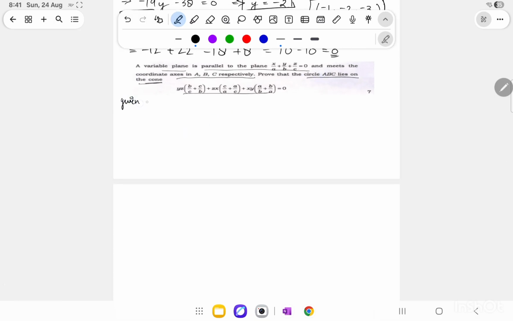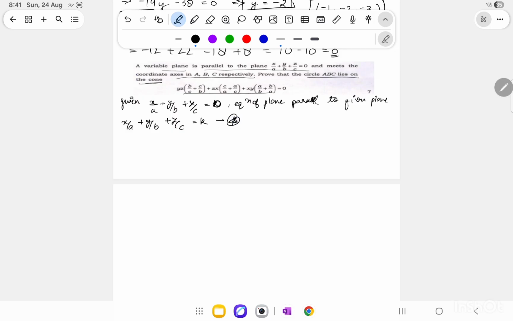The given plane is x/a + y/b + z/c = 0, so any plane parallel to the given plane will be x/a + y/b + z/c = k. Let us name it star 1.